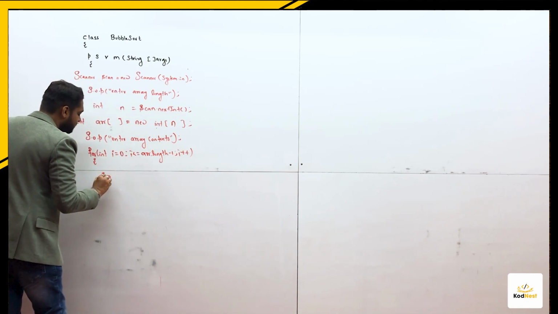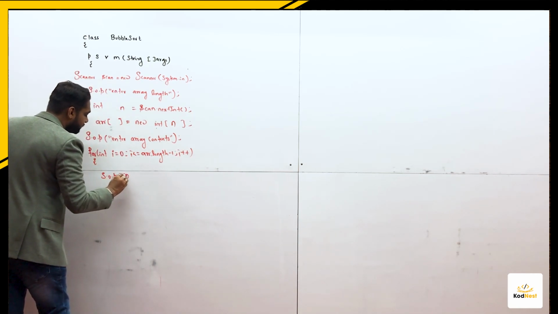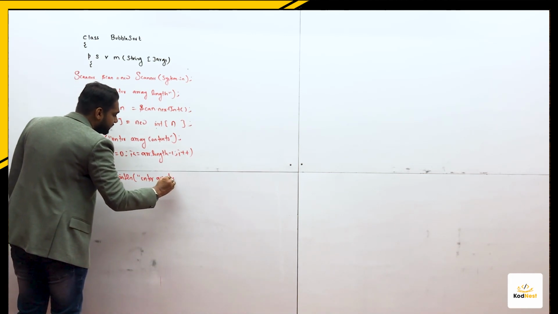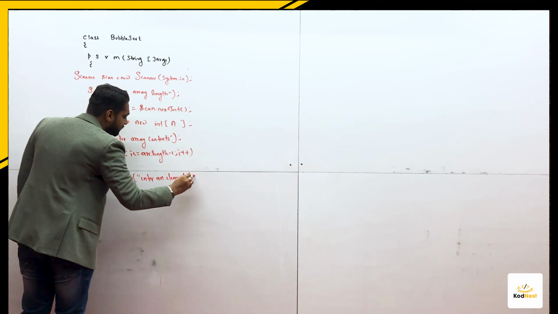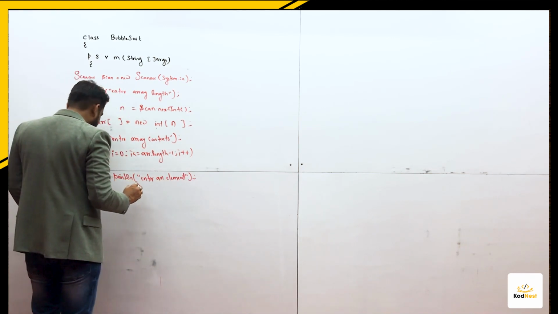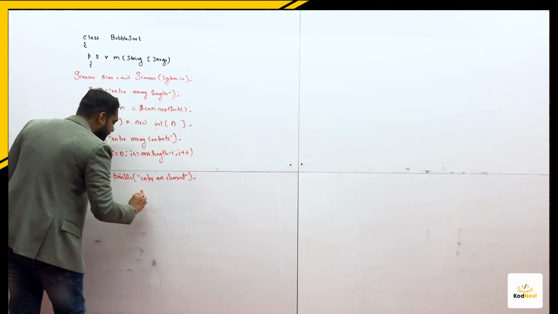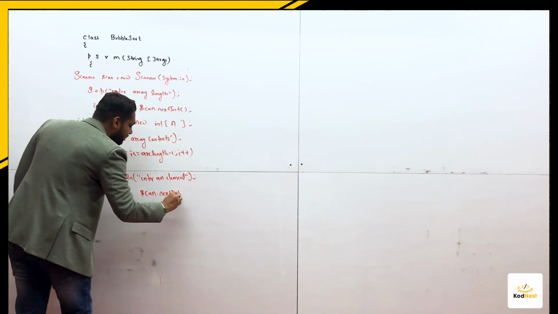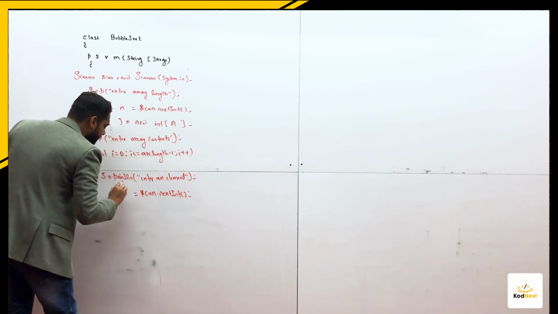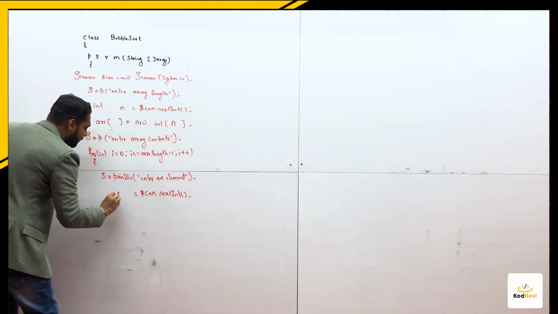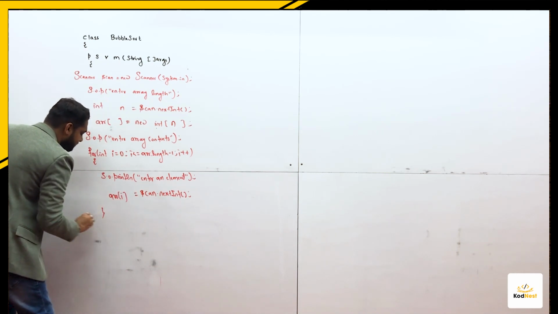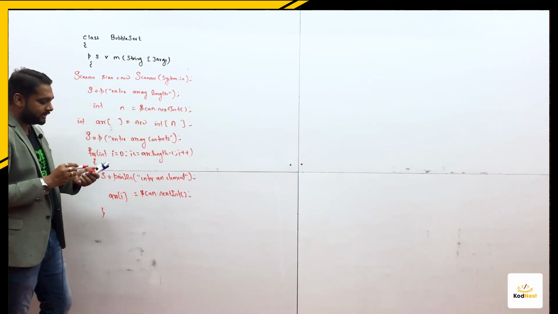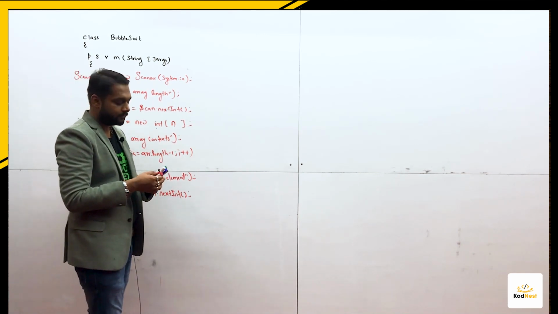Every time, System.out.println, enter an element. By seeing this message, the user will enter an element. I would collect it with scan.nextInt and store it in array arr of ith index. By the end of this loop, array contents would be filled.